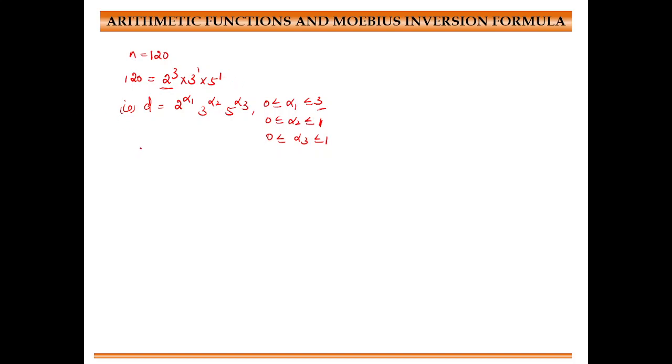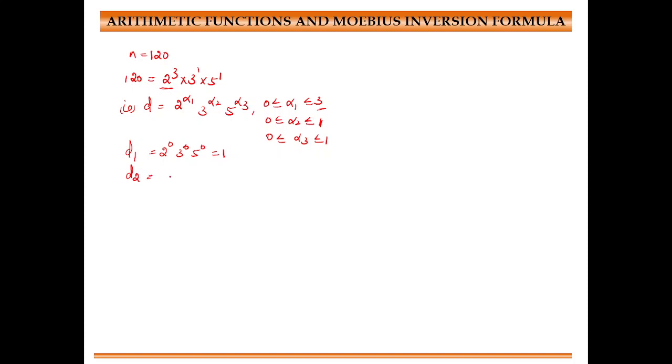Now, considering the different choices of D, since alpha 1, alpha 2, alpha 3 take the least value 0, we are going to find the different choices of D. So D1 is equal to 2 power 0, 3 power 0, 5 power 0, which is equal to 1.